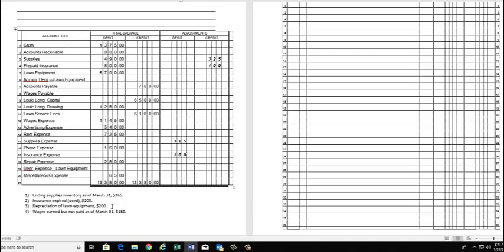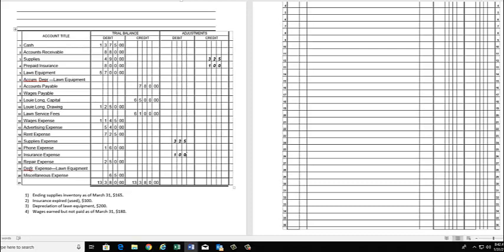Okay, so let's move on to depreciation. Depreciation of lawn equipment is $200. Now, sometimes your depreciation amount will be given and sometimes you'll have to calculate it, but in this case it's given to us. So we know that our adjustment will be $200, and the second thing we know is that we have got to debit an expense account.